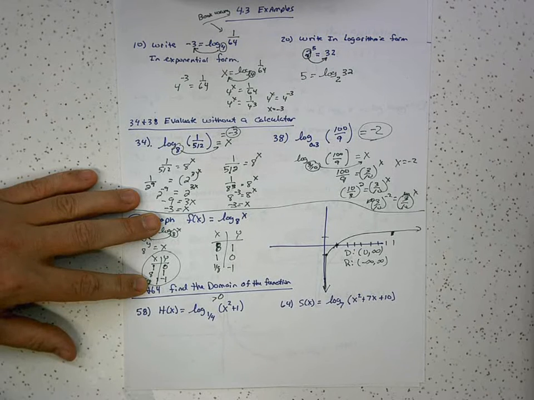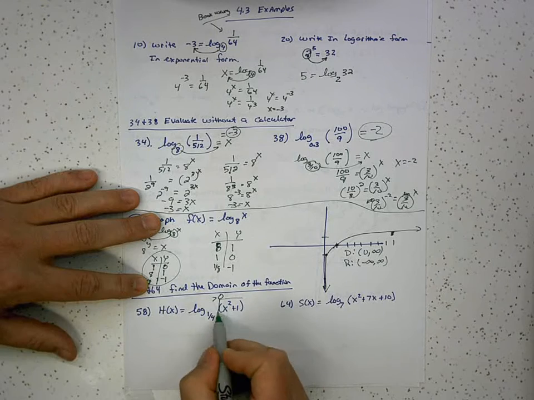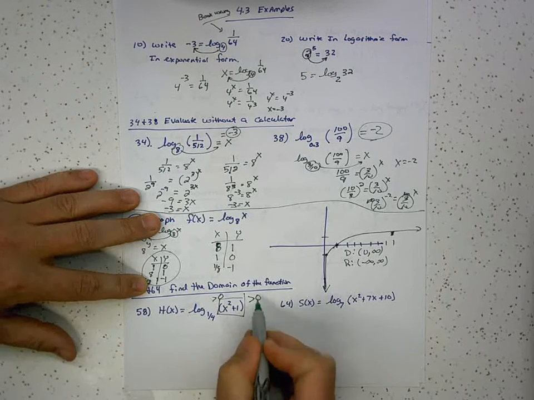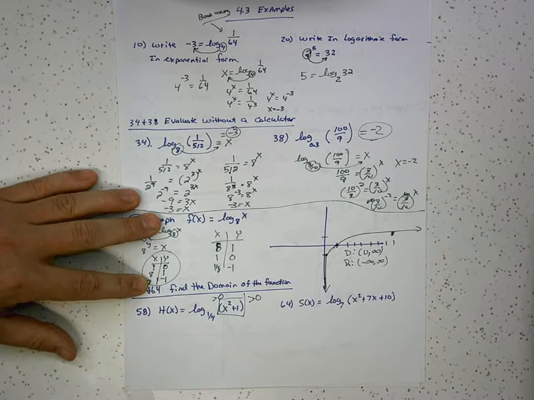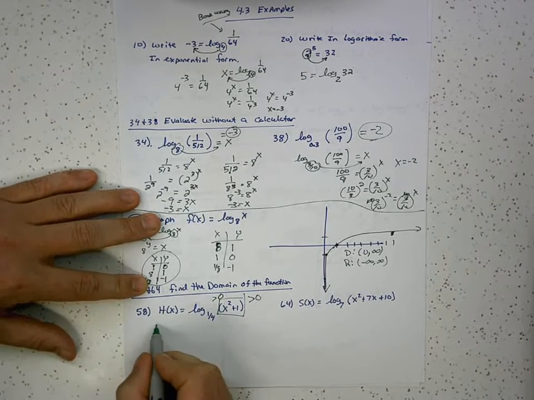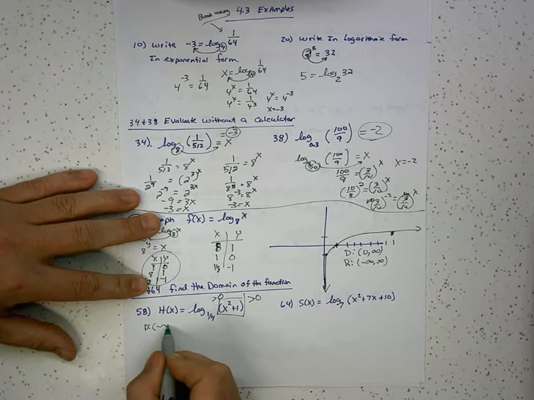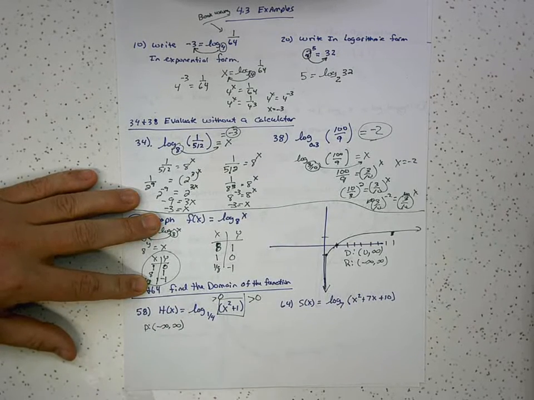I can't take the log of 0, and I can't take a log of a negative. So whatever is in here has to be greater than 0. When we were teaching domain, I said you always start with a domain of negative infinity to positive infinity, and then take out what doesn't work. So my domain starts here.